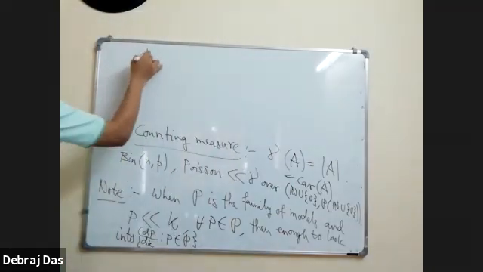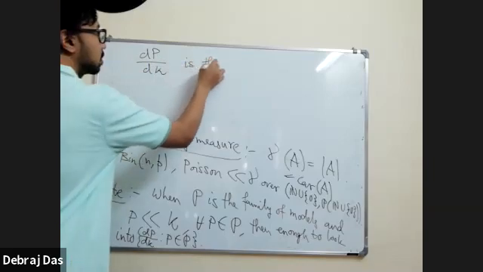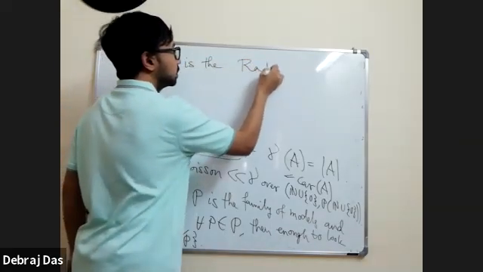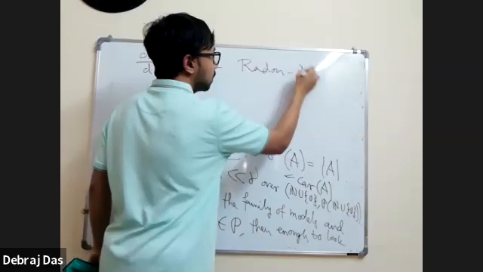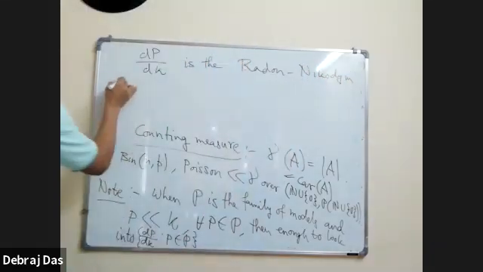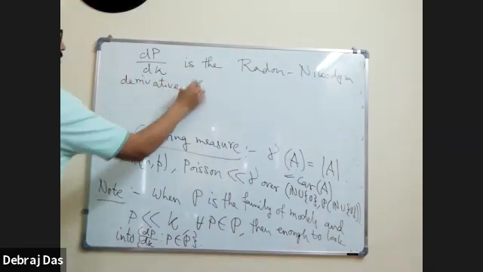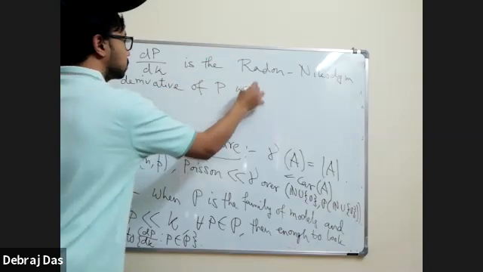So this dP by d kappa is, this is the definition, the derivative of P with respect to kappa.